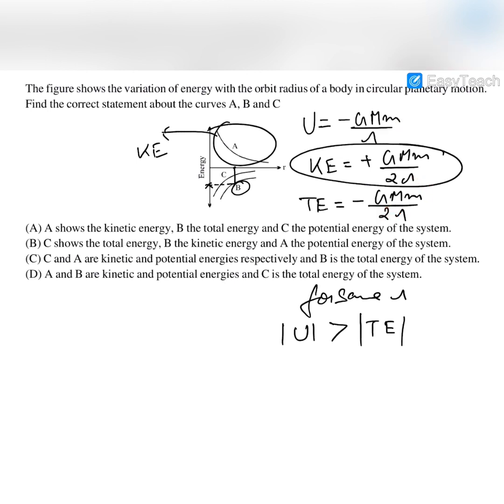Therefore, C is the total energy and B is the potential energy because its magnitude is greater for the same value of r. So the correct answer is option D, because it says that A is kinetic, B is potential and C is total. Now we move on to the next problem.